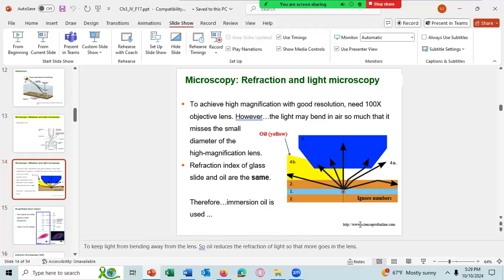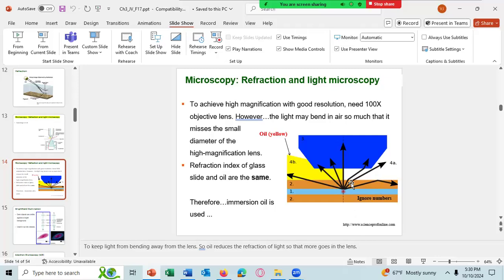Now, if you're sending light through air, the light coming out of the glass slide will, or at least some of it will, bend. This light ray, as you notice, bends so hard it's sent back into the glass.